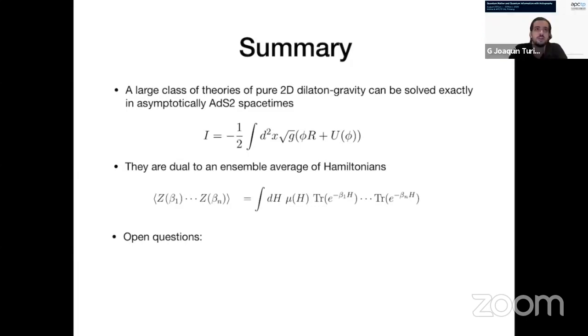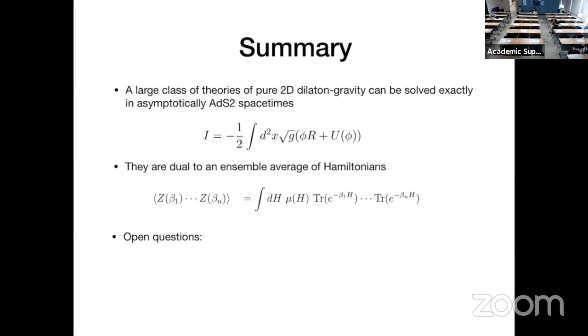I mean, I guess you could think of it this way: if you do JT gravity with fixed energy, instead of fixed length, right? Then doing the trace of e to the minus beta h squared would be to just integrate over energies with e to the minus beta e squared. So what I'm trying to say is that you could think of that as a different boundary condition.